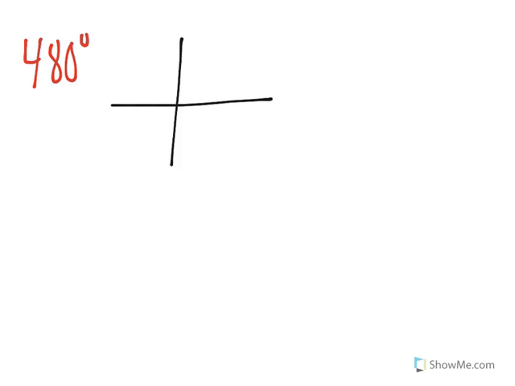Okay, the last part that we were practicing is determining what quadrant the angle is in. So let's say I give you this angle, 480 degrees, and I ask, what quadrant is that in? Draw or look at your unit circle and realize if I go all the way over to here, that's 360 degrees. 480 may not even be on our unit circle, but we can figure out what quadrant it's in.